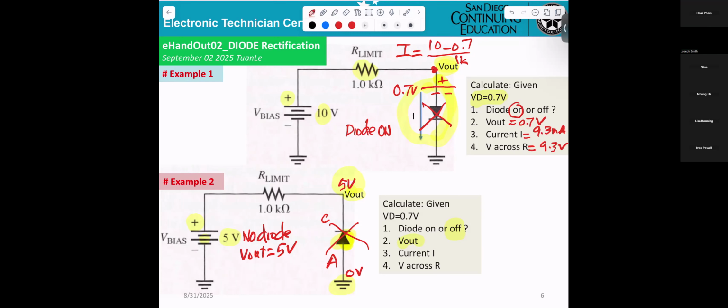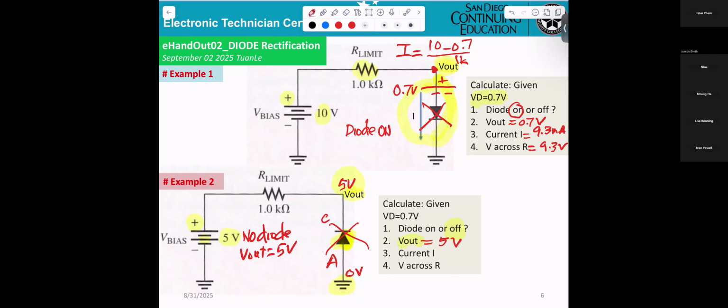And V out equals 5 volts. Current I equals zero. The thing is, current cannot flow.